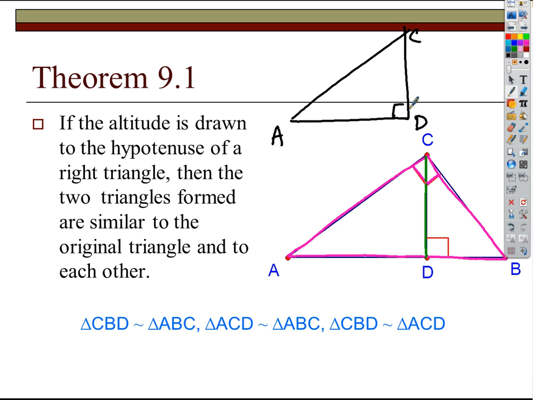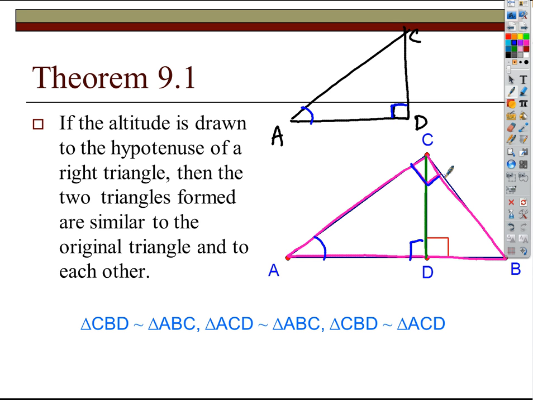Well, one of them is pretty obvious. What's that? Okay, they share angle A, don't they? So we can see right away that that's congruent to that. And then, what's the other one that definitely has to be congruent? Yeah, they both have right angles, don't they? So we got a right angle there, and a right angle there, right? Does that make sense? So those two definitely are similar.